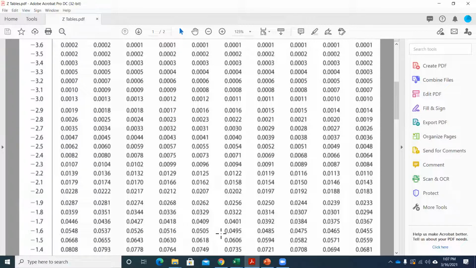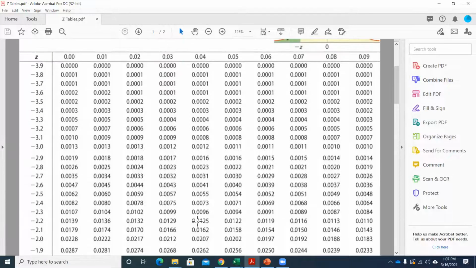If I'm in between these two, right, 0.05 is in between 0.0505 and 0.0495, then the z-score I need is going to be somewhere in between the z-scores that give me these 2 areas in the tail. So I go over negative 1.6, scroll up, 4, and negative 1.65.